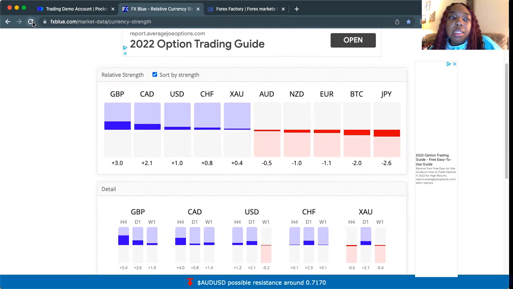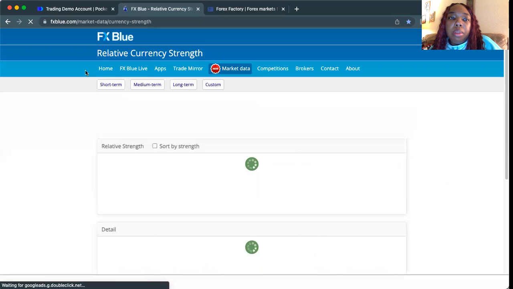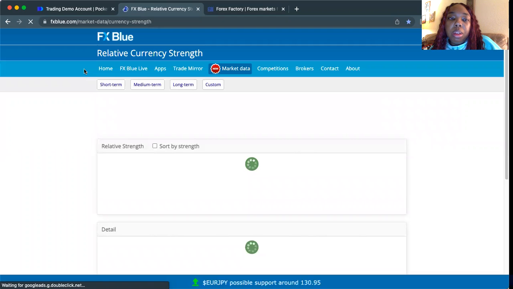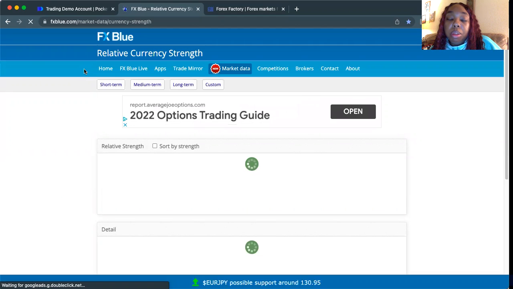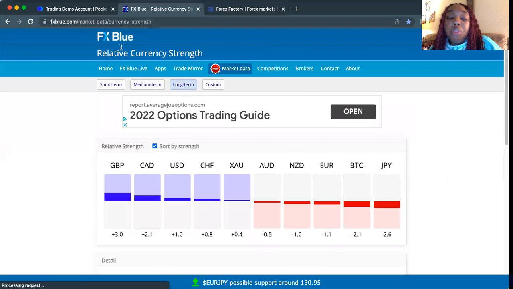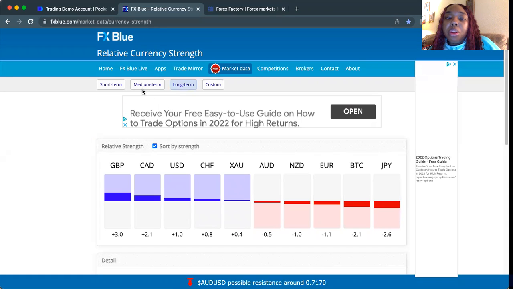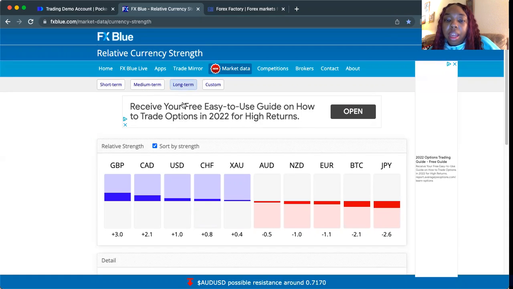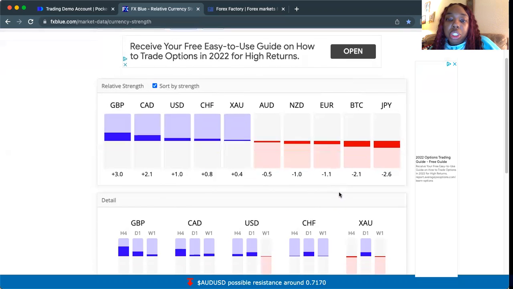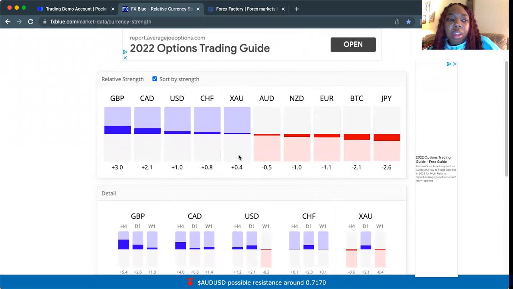Let me refresh this, because that's something you gotta remember to do on any currency strength website. Always refresh your page, because that way you know what you're seeing is accurate. This can change, just like you see here.